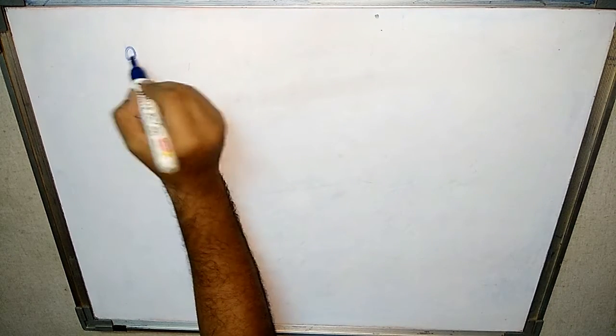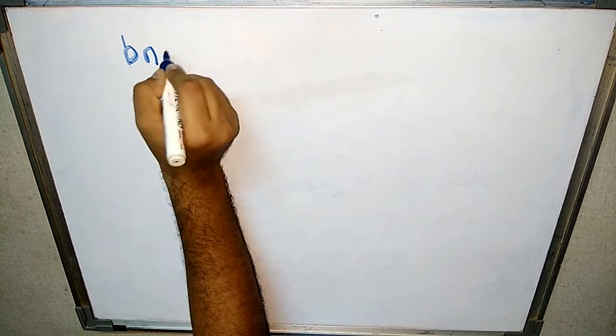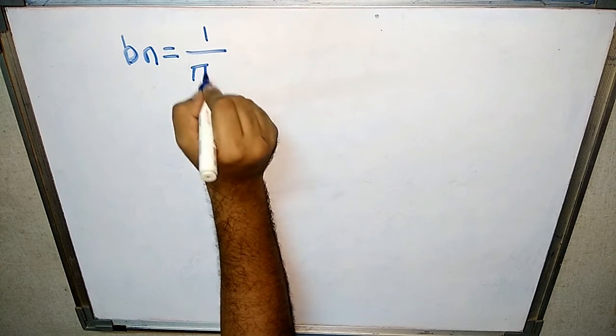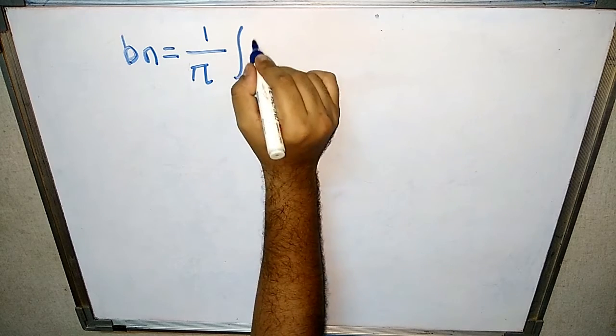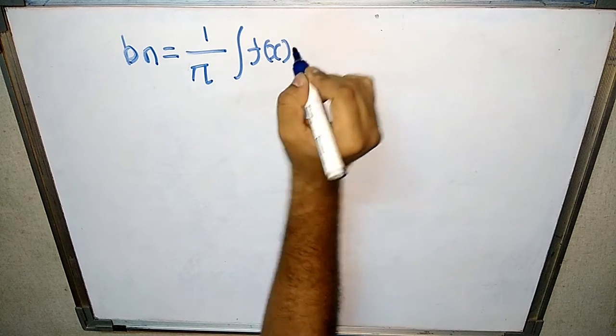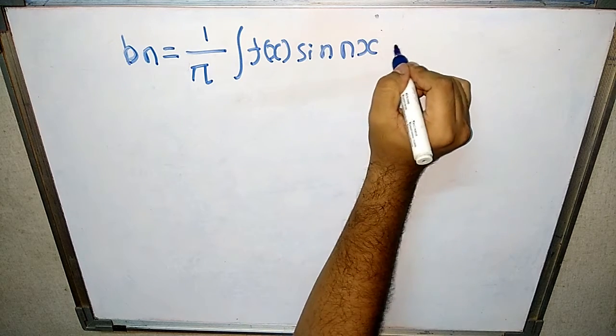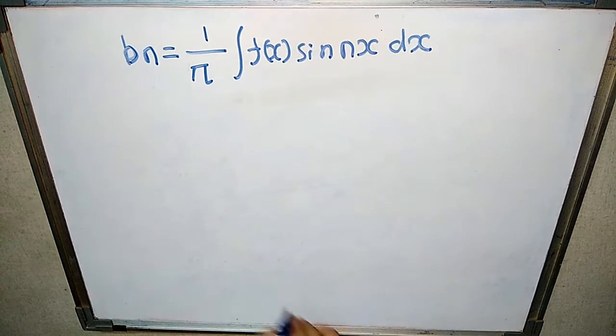So after this, we have to find Bn. Bn is given by 1 by pi integration f of x sine nx dx.